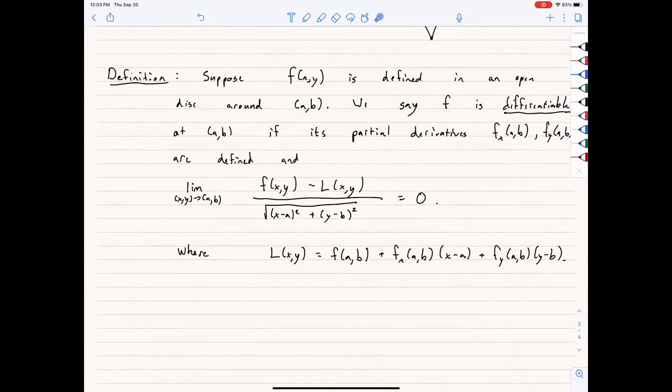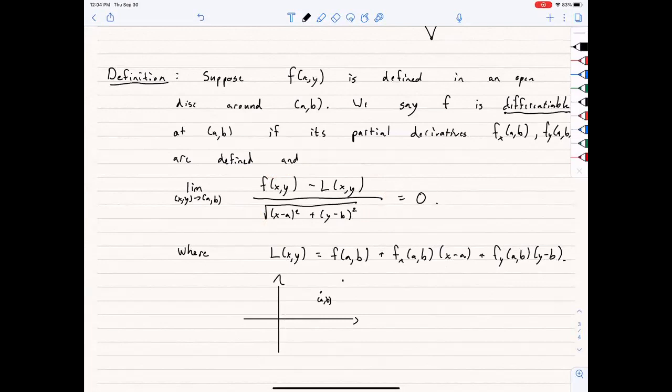It needs a limit in that sense. But what is it saying? Well, let's start with trying to break down this fraction. What is the denominator? Can anyone tell me what the denominator represents?